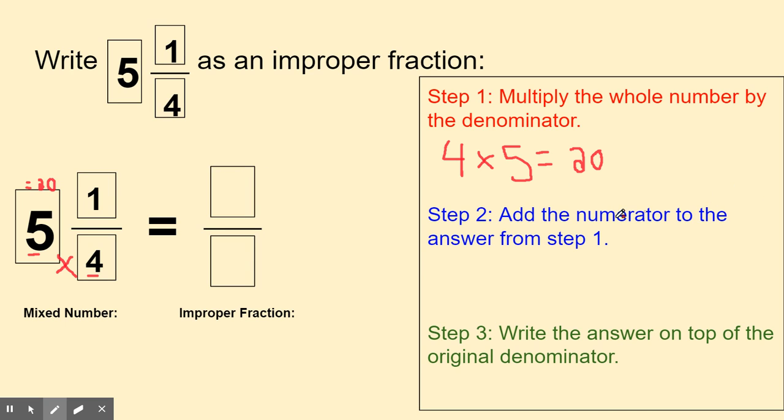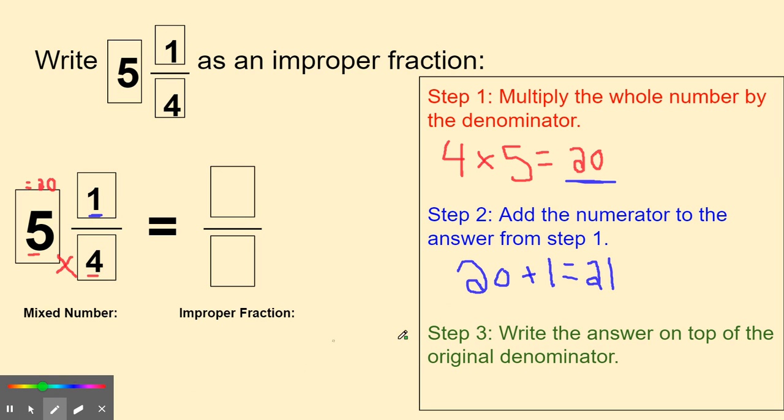Step 2, add the numerator to the answer from step 1. Our answer was 20, so we're going to add the numerator to 20. Our numerator is 1. 20 plus 1 equals 21.